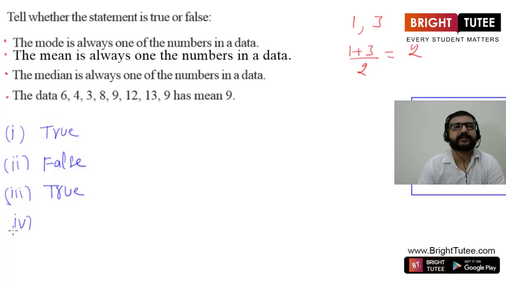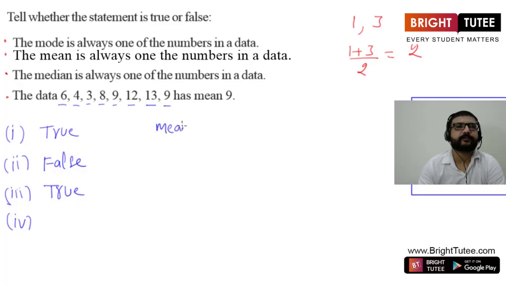Now the fourth statement here is, the data 4, 6, 4, 3, 8, 9, 12, 13, 9 has mean 9. Let's find mean of this data.